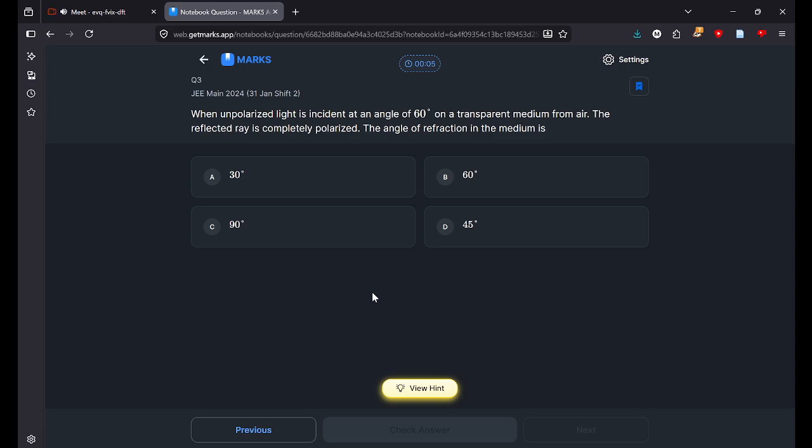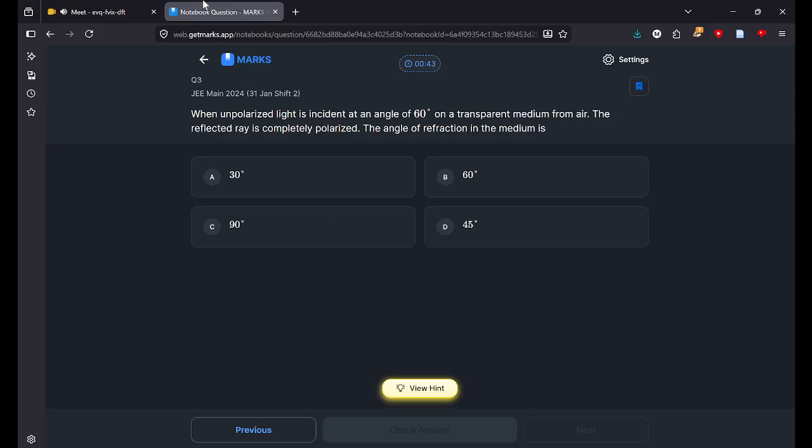This problem is telling: when an unpolarized light is incident at an angle of 60 degrees on a transparent medium from air, the reflected ray is completely polarized. The angle of refraction in the medium is. So the angle of incidence they gave is 60 degrees, and light is coming from air and reflected completely polarized.